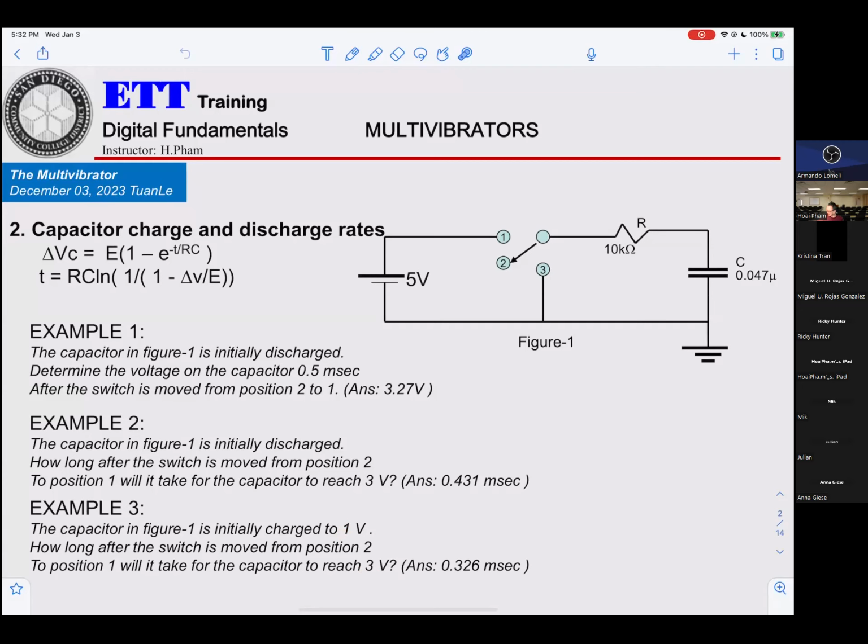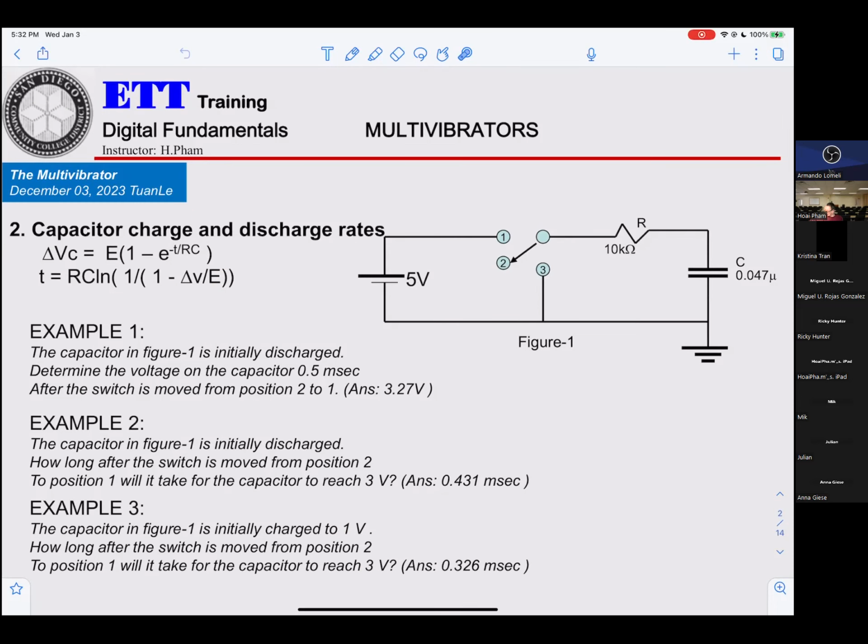And the other thing you have to know is what E is. E will be the difference between the initial voltage on the capacitor and the voltage the capacitor is trying to reach.